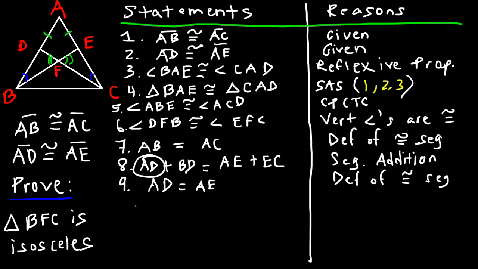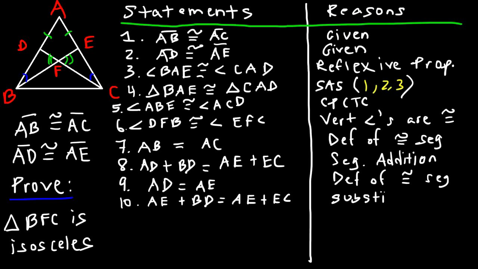So in step 10, I'm substituting AD with AE. So I have AE plus BD is equal to AE plus EC. And that's based on the substitution property. And because these two are the same on both sides, I'm going to subtract both sides by AE. So I'm going to be left with BD is equal to EC. And that's the subtraction property.